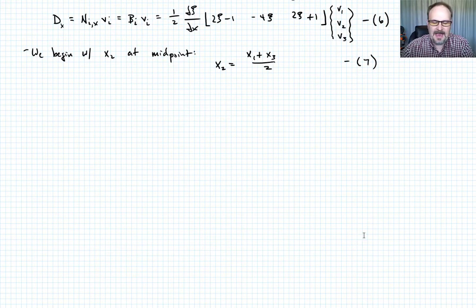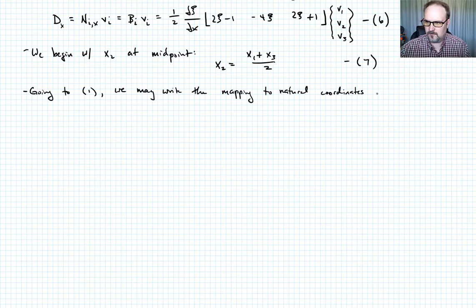So going back to equation 1, we can write the mapping to natural coordinates as follows. We could say that x as a function of c and t, this is equation 1, we said was Ni xi, and we know what Ni is, and also what xi is.